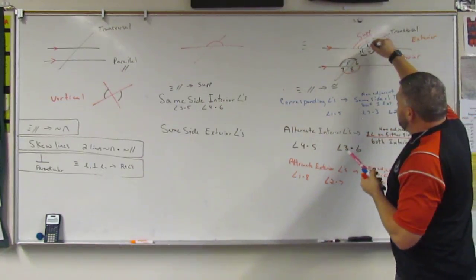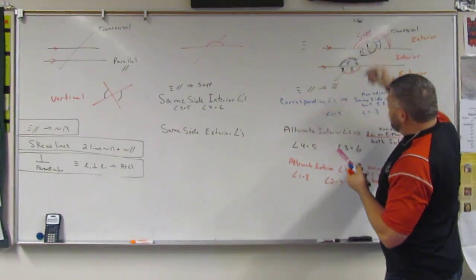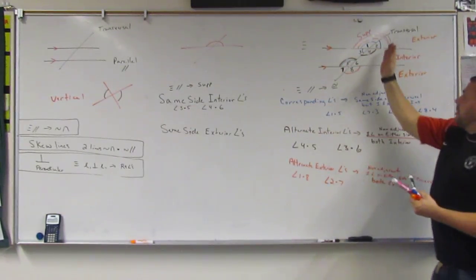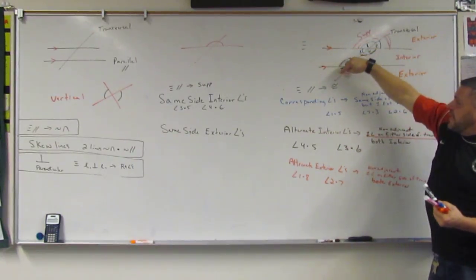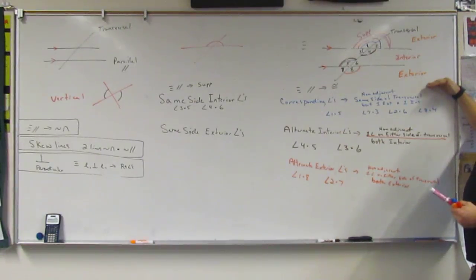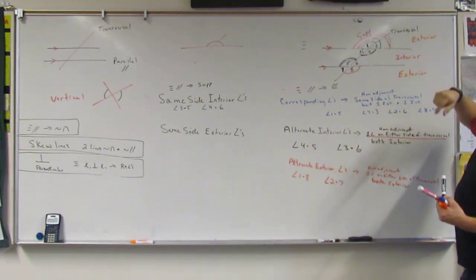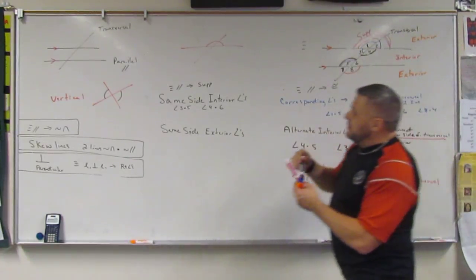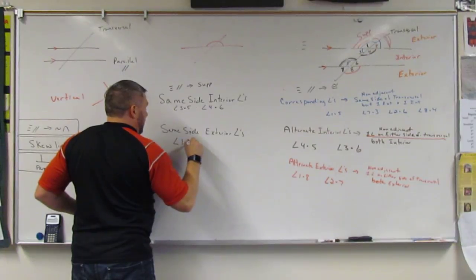Okay. So this one's number 1 and this one's number 7, right? And so they are on that side of the transversal, right? So they're on the same side, but they are also, one's exterior and the other one's exterior. Do you see that? Does that make sense? Okay. So 1 and 7, angles 1 and 7.